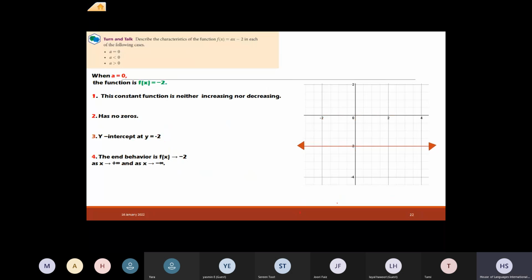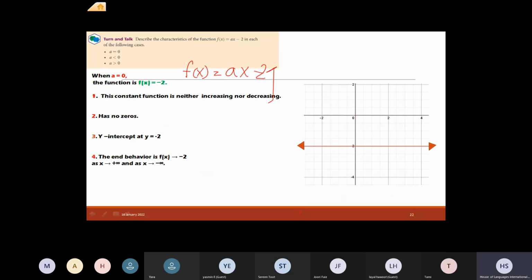Describe the characteristics of the function f of x equals ax minus 2 in each of the following cases: if a is 0, if a is less than 0, and if a is greater than 0. The first case, if a is 0.